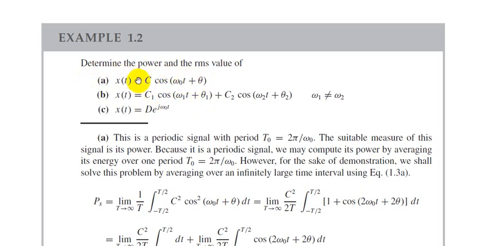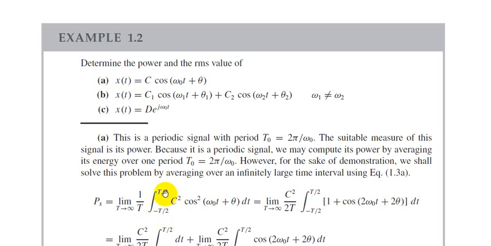We take the limit, as T tends to infinity, of 1 over T times the integral from minus T by 2 to plus T by 2. Because this is a cos signal, this is a periodic signal, and it has a period T, and as we have discussed earlier, we can take any duration of the period to determine the power. So we have taken minus T by 2 to T by 2.